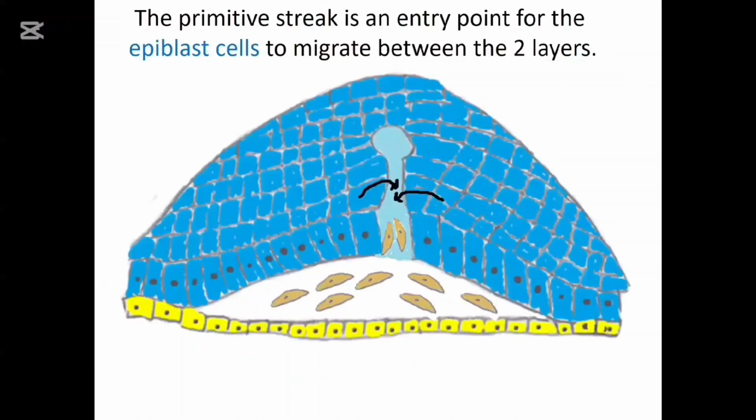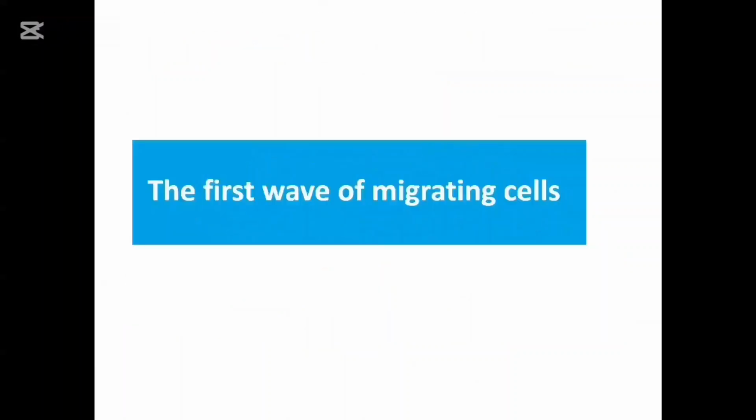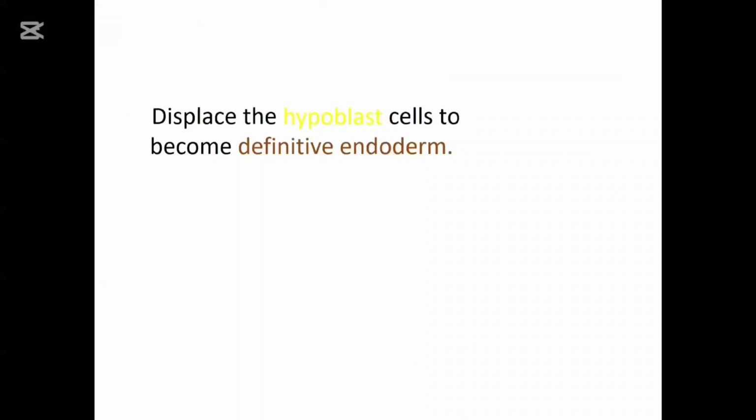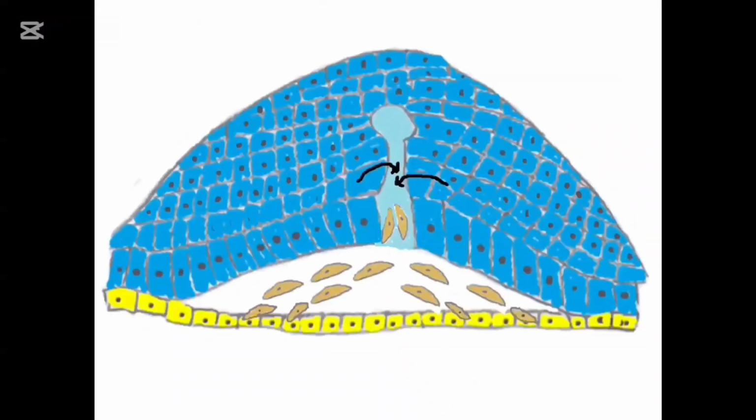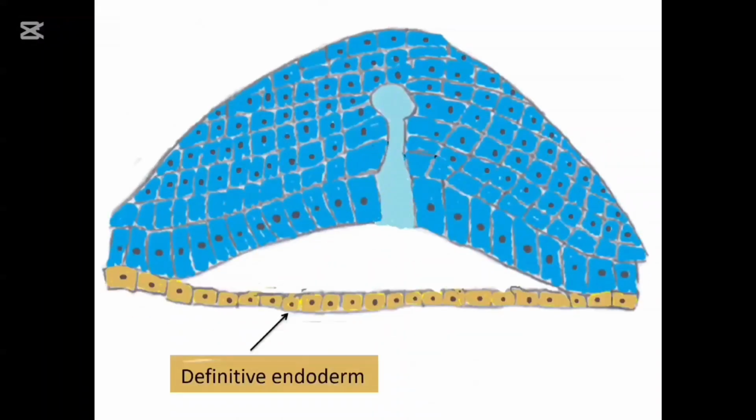And they fall down here and go through the primitive streak in two waves of migration. The first wave of migrating cells will displace and replace hypoblast cells to form the definitive or final endoderm. Here, it will replace here and form the definitive endoderm.